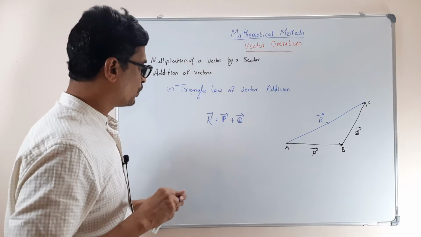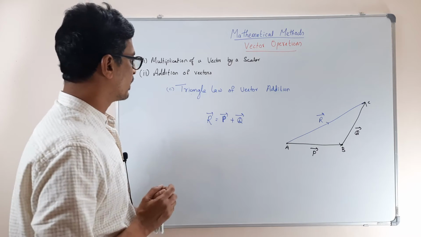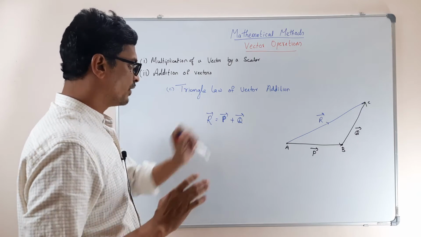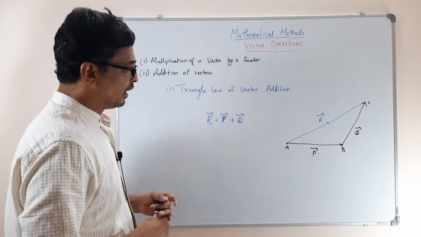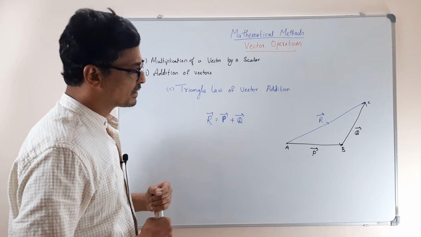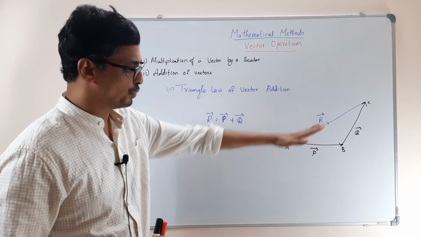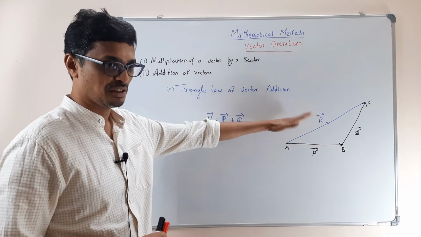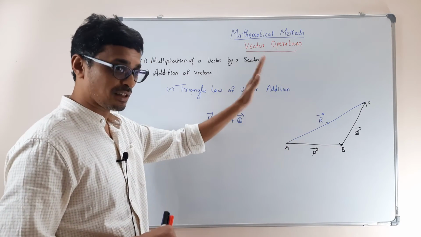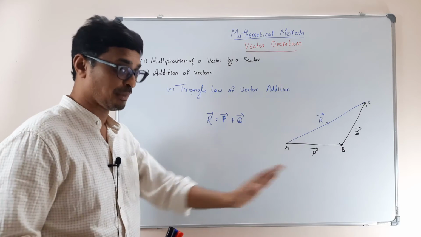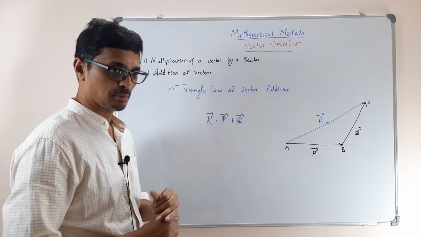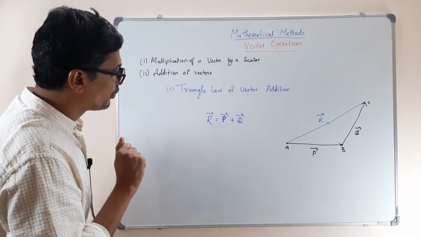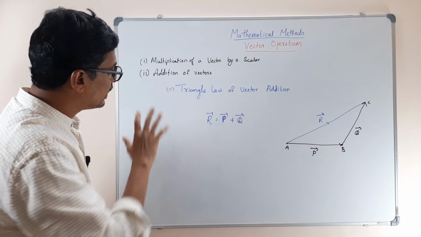This is the triangle law of vector addition. This is a combination of these two vectors. You can see when the angle changes, the direction also changes. How we are going to add these two vectors, we will see later when you have some examples.